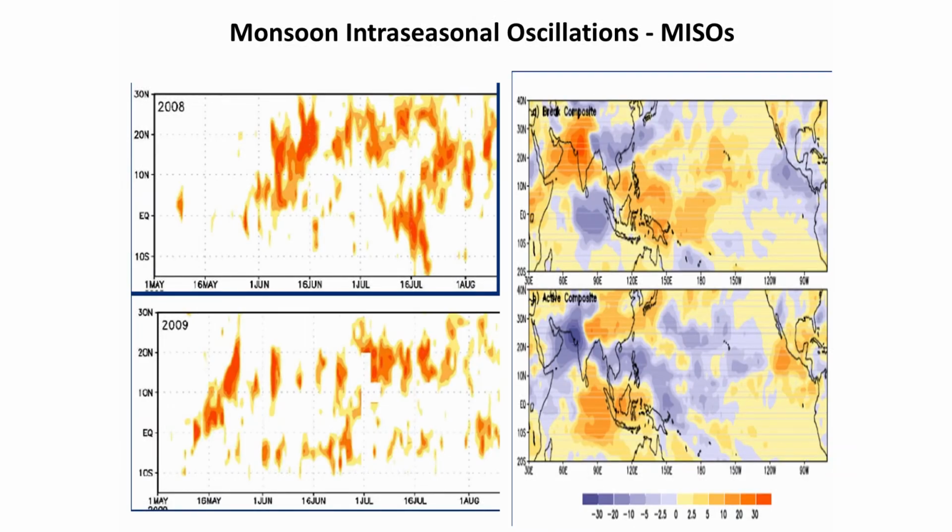So here is an example of a time series going from May into August, from south of the equator to the Indian longitudes. So we are looking at this region, and you can see that these are essentially bands of outgoing long wave radiation or humidity or vorticity. Various things can be looked at.